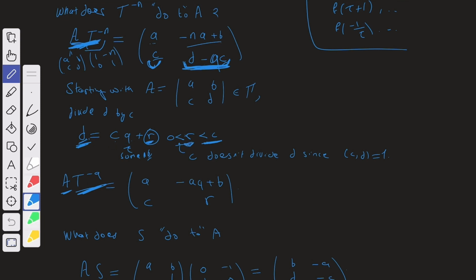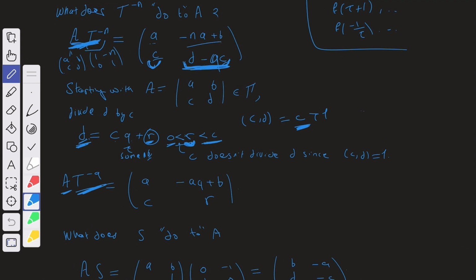The R given by the division algorithm cannot be 0, right? It cannot be the case that we don't have this term, because if we didn't have this term, then C would divide D. But if C divides D, then the GCD of C and D will be equal to C, and it will be strictly bigger than 1. Because if C were 1, we will have also a trivial case, just as the case of C equals 0.